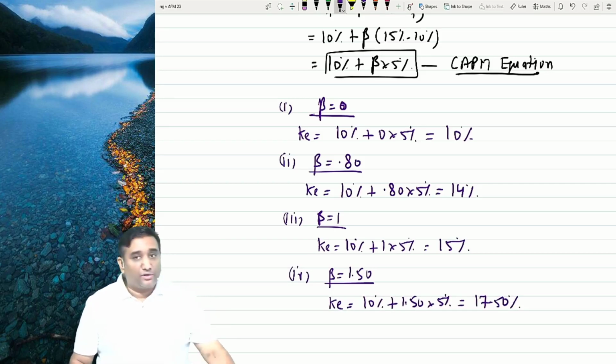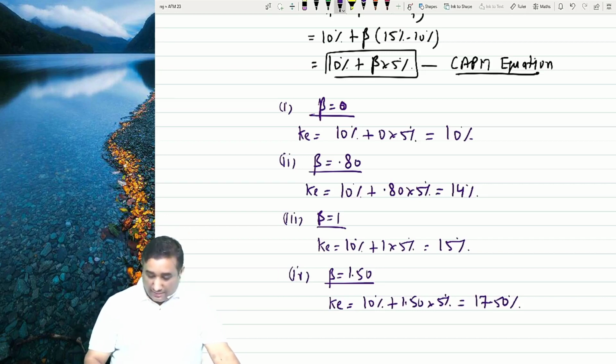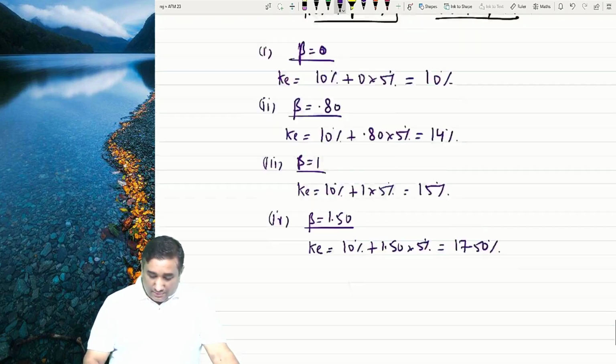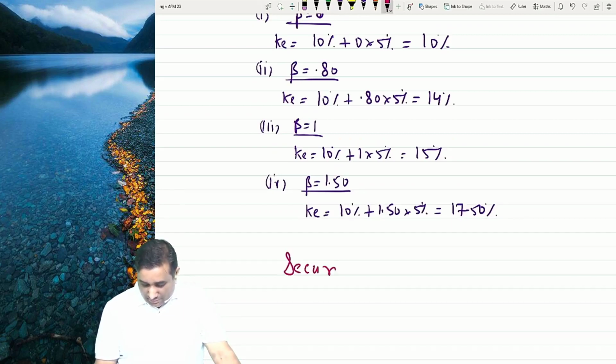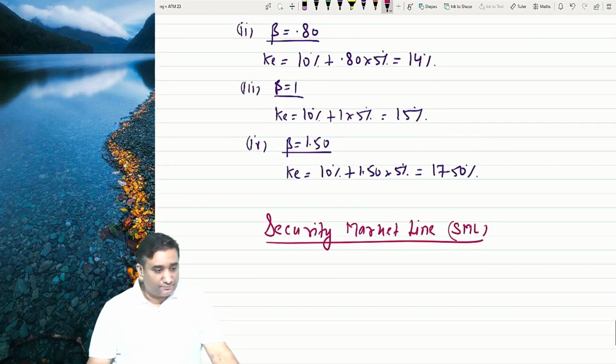Now the same thing I can draw on an equation called the SML line, security market line. It's a graphical representation of CAPM. Once you've done, let me know. I'll draw that as the security market line. We can put a small heading here: Security Market Line, SML.